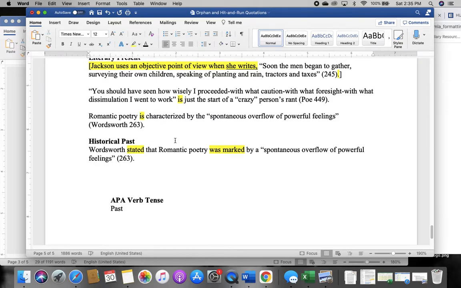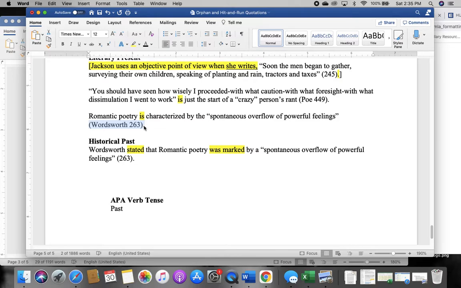So that's very interesting that they're using the same quotation. They've just changed it because they want to show Wordsworth being used in the signpost and just the page number being used in the in-text citation, or what we might call the parenthetical citation, versus no Wordsworth being mentioned except in that in-text citation, the parenthetical.